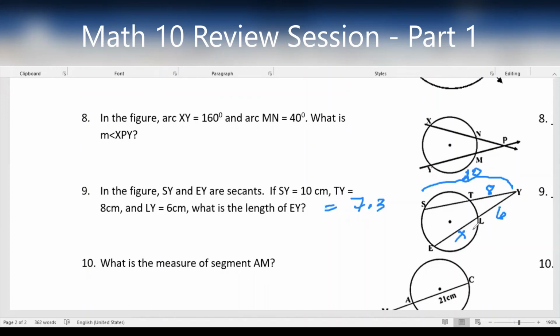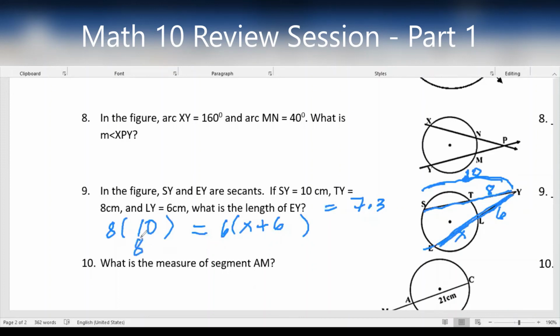So our goal is to look for EY, yung buong line na to. So applying the theorem, 8 outside segment times the sum. Since given naman yung 10, kaya times 10. Equals, ito yung outside segment which is 6, then times the sum of this. Kaya x plus 6.